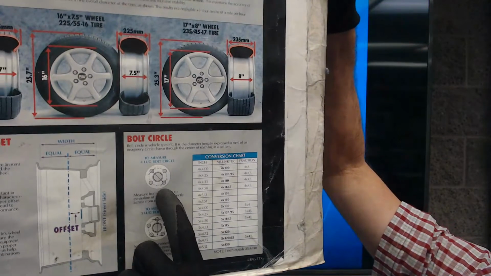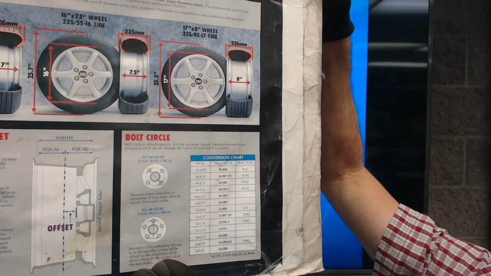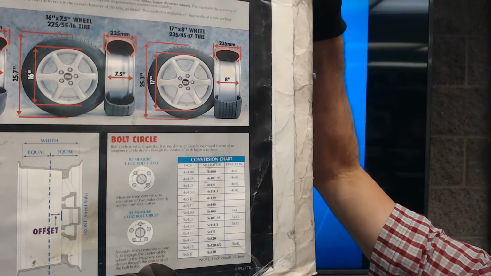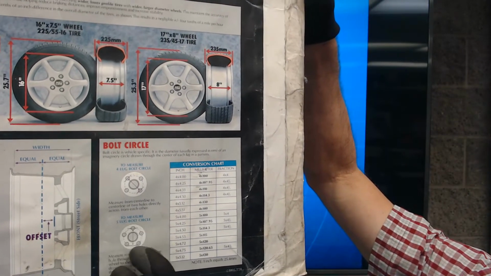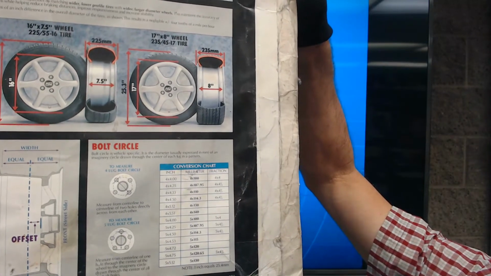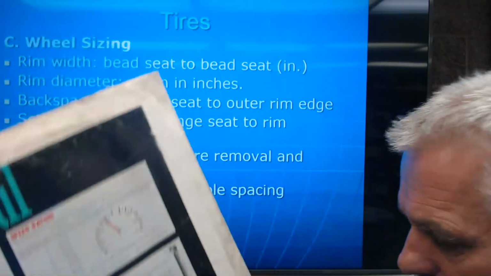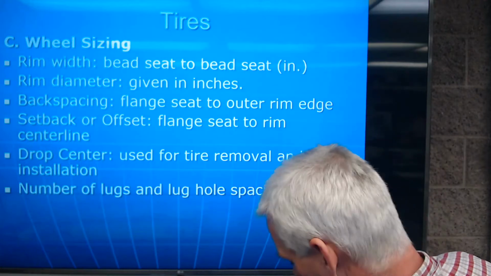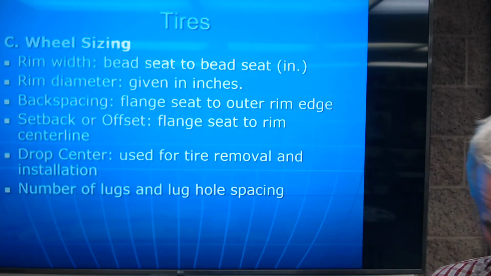Okay, if it's a 4 lug, that's how they do it. So they're looking at different bolt circles there. So we have a certain number of bolts, but we also have a certain width, if you will, or spacing between the bolts, which is our lug hole spacing or bolt circle.